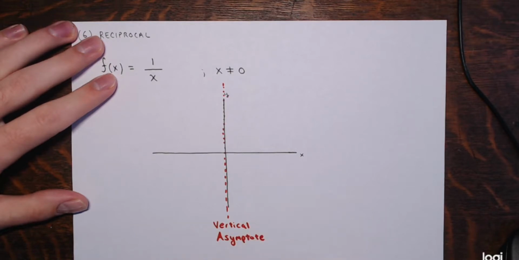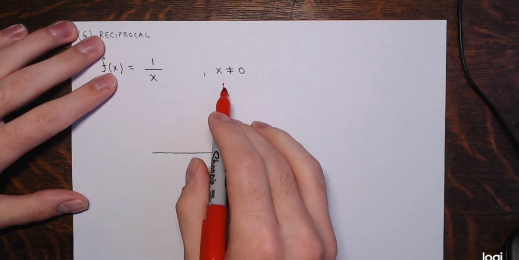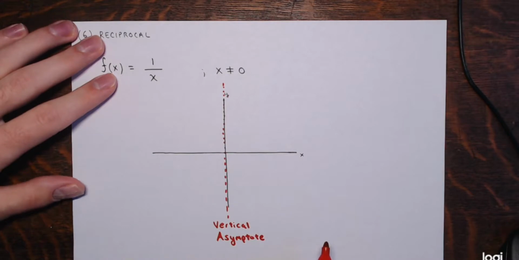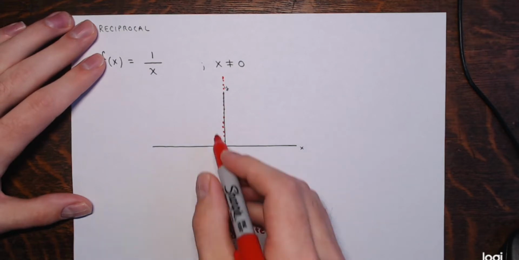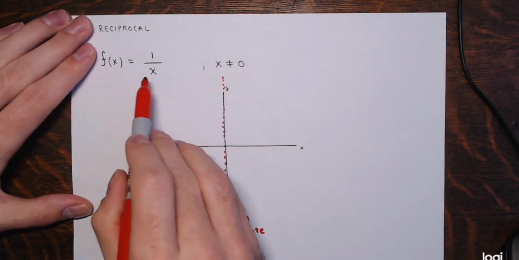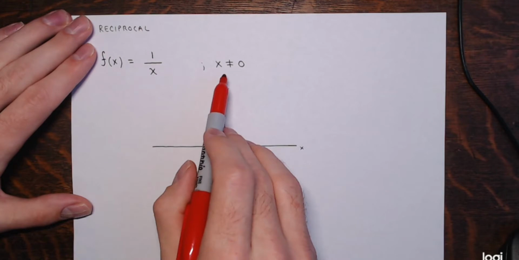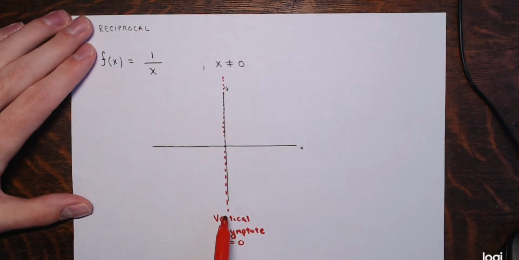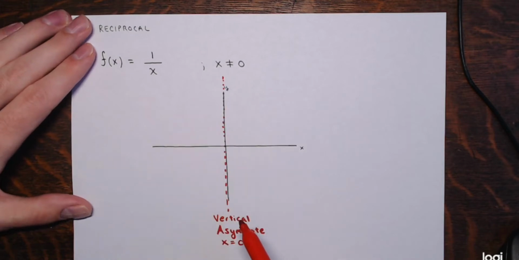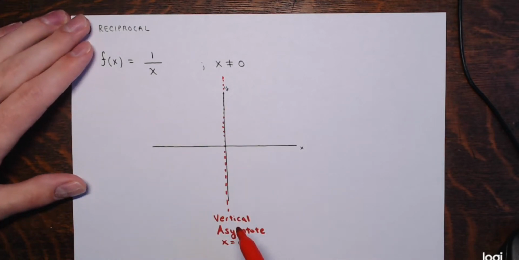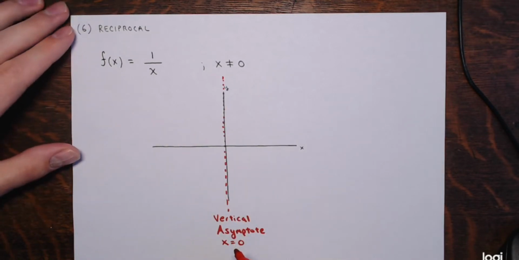The graph will get really close to it, but never actually hit it, right? Because the y-axis is the line x equals 0, and we saw earlier x can't be 0 here. So there aren't going to be any points of the graph on the y-axis, but the graph will get as close to the y-axis as you want without actually touching it.